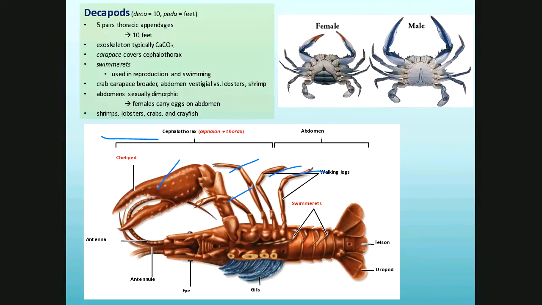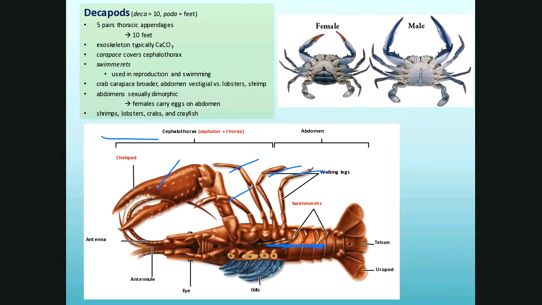Now, blue crabs, over on the right. Blue crabs have sexual dimorphism in their abdomen. The crab carapace, if you take a look at it, is broader than the lobster one. If you look at the difference between the two, for example in the lobster and the shrimp, the abdominal part is much reduced to just this part here.